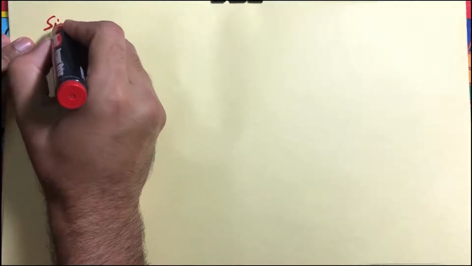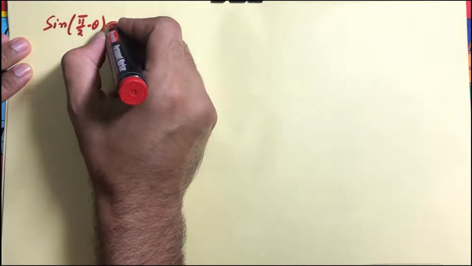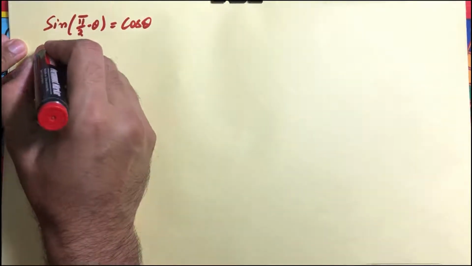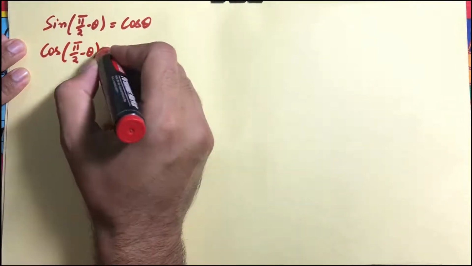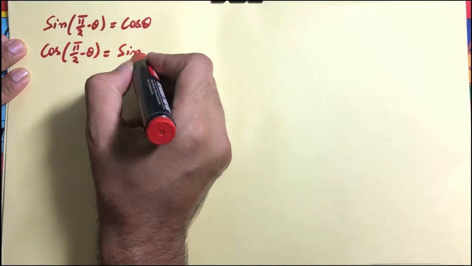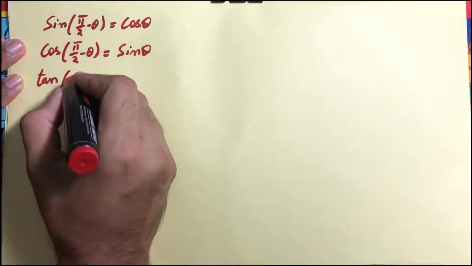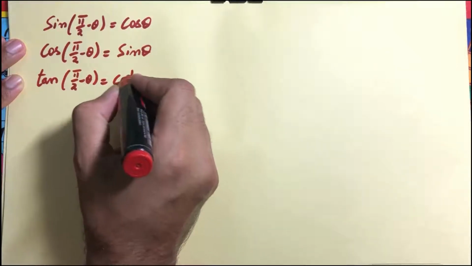Next result that we will prove is sine of pi by 2 minus theta is cos theta. Cos of pi by 2 minus theta is sin theta. Tan of pi by 2 minus theta is cot theta.